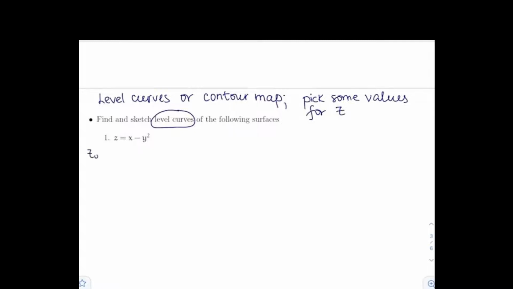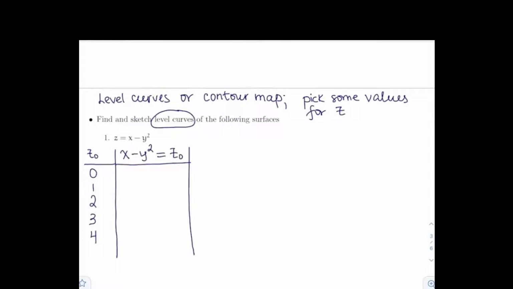I'm going to make a table with 2 columns, and I'm going to pick values for z: 0, 1, 2, 3, and 4. This should be enough to give me an idea of what my graph is going to look like. Then I'm going to set my actual function, x minus y squared, equal to those values.